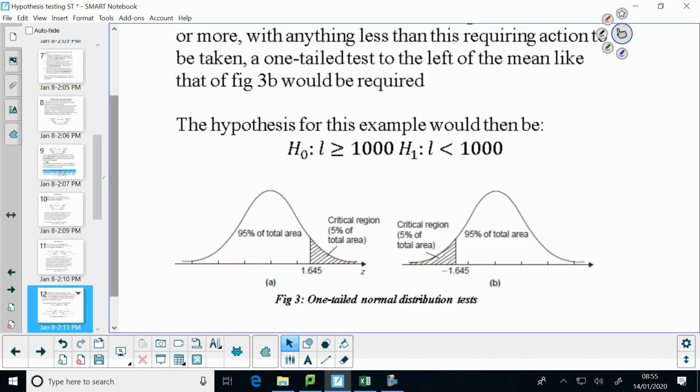So that's a one-tailed test to the left of the distribution. Again, for 5%, for a 0.05 confidence level, all of our 5% is on the left-hand side.